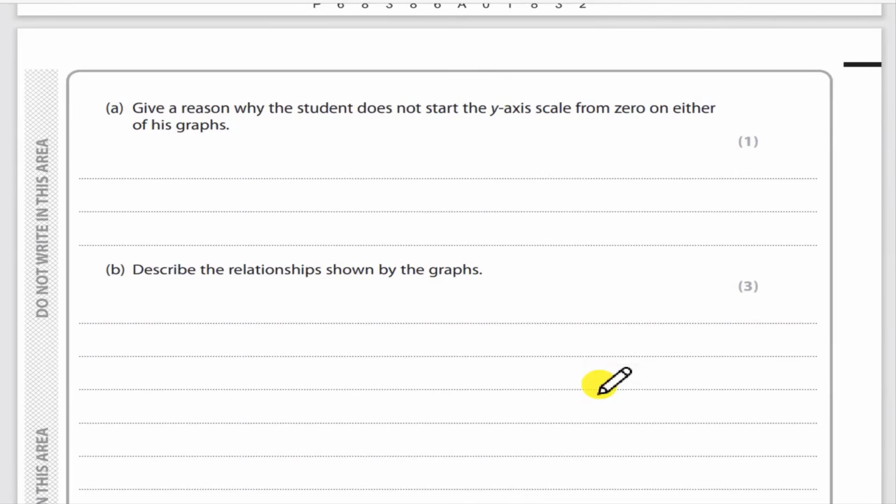Question A. Give a reason why the student does not start the y-axis scale from 0 on either of his graphs.